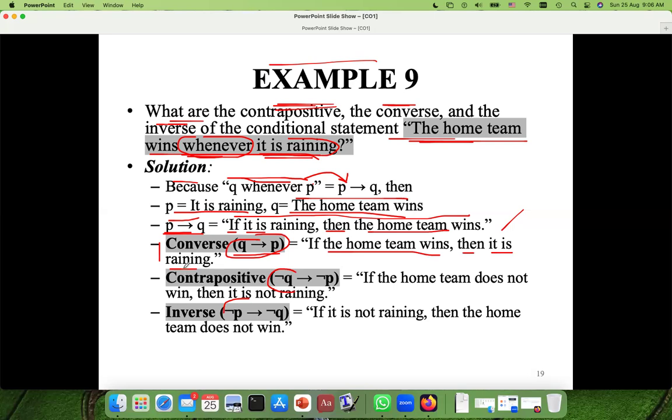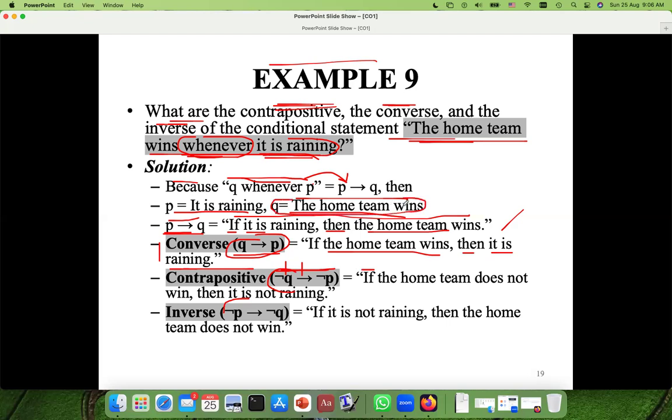And then the contrapositive. Contrapositive is introducing negative signs with the converse. So this is the converse, and introducing negative signs, negation Q, negation P. If this formula is in your mind, then the answer is easy. And implication is what? If then. I am writing all that in this if-then format. So if negation Q, this is the Q, and you have to find the negation of that.